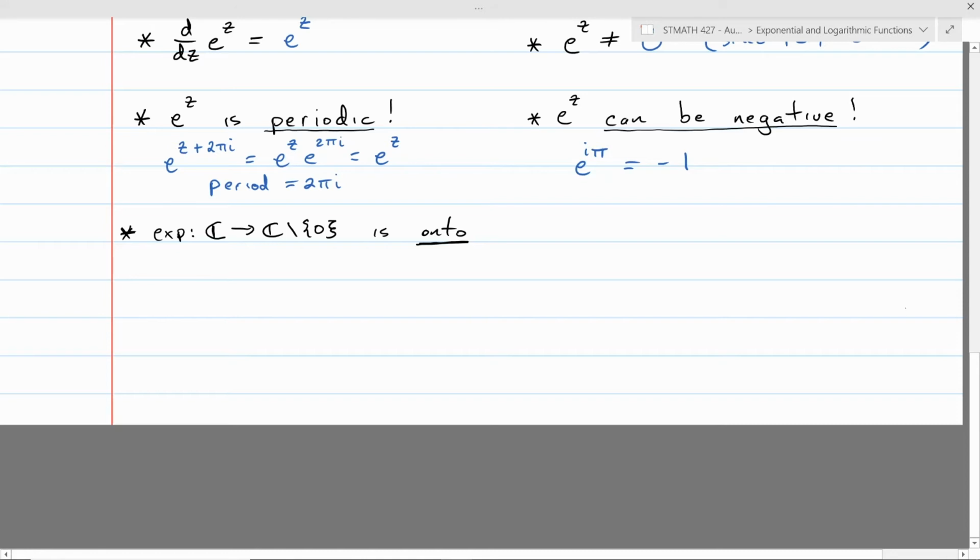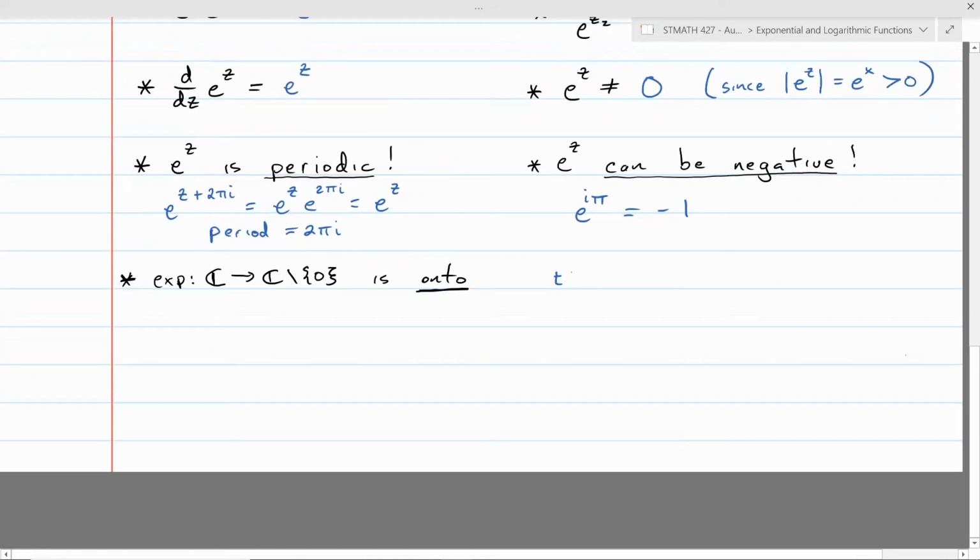As a quick example, let w equal 1 plus square root of 3 times i, and let's find z such that e to the z equals w. Well, e to the z we know is e to the x times e to the iy, and we want that to be equal to w.